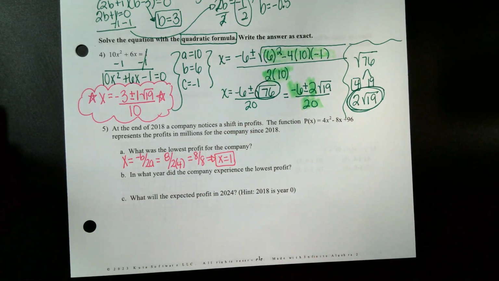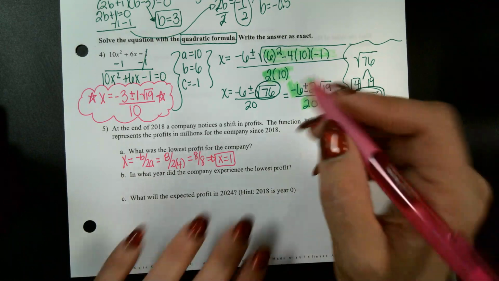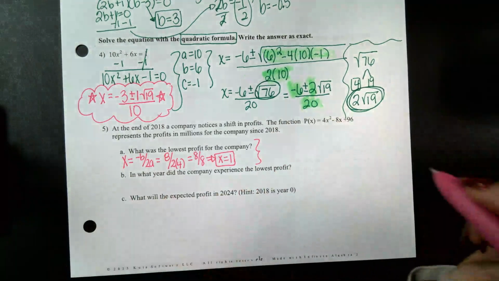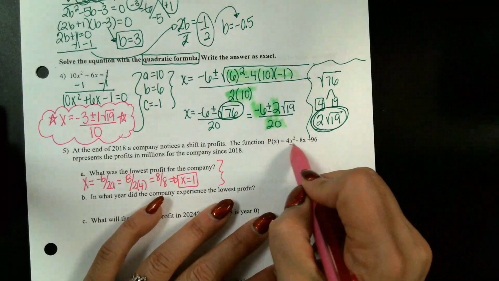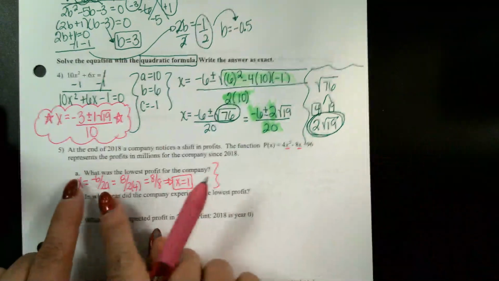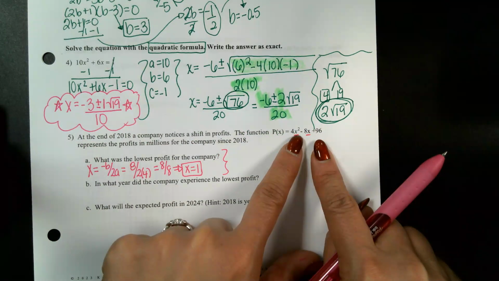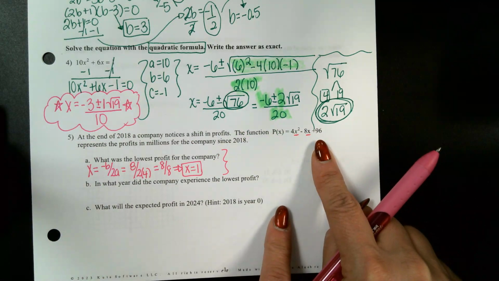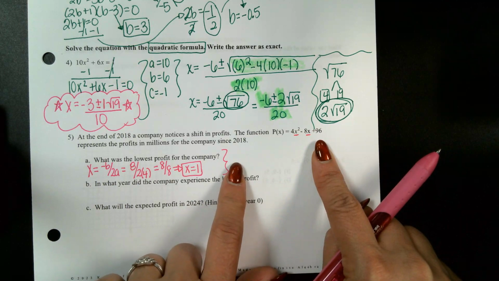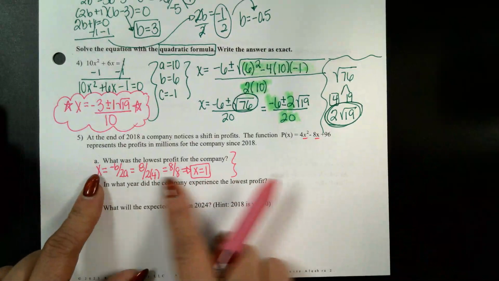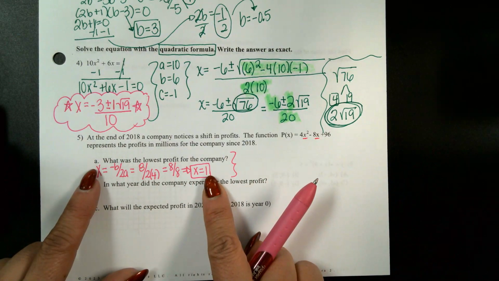And then what do I do with that 1, if they want to know the profit? You plug it in. We're doing a plug and chug now. Once you get x, you just do a plug and chug.